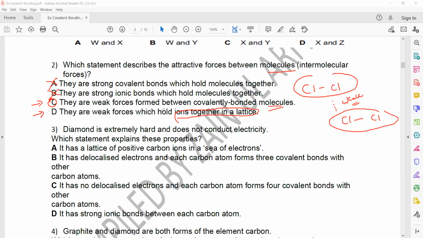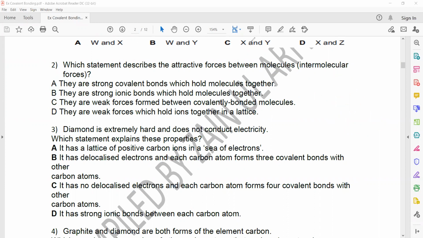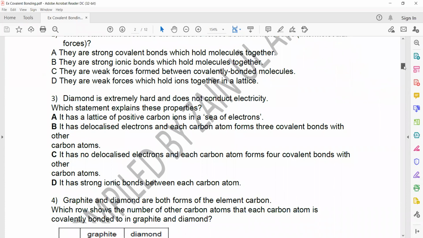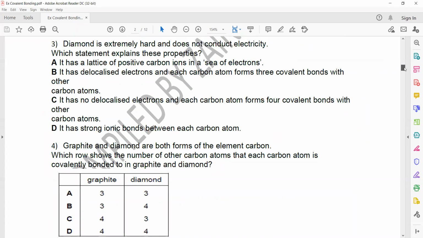D is for ionic compounds, and ionic compounds have a strong force and they have ions. But for C, simple covalent substances have molecules, and there's a weak force between the molecules. That's why they have a low melting and boiling point.